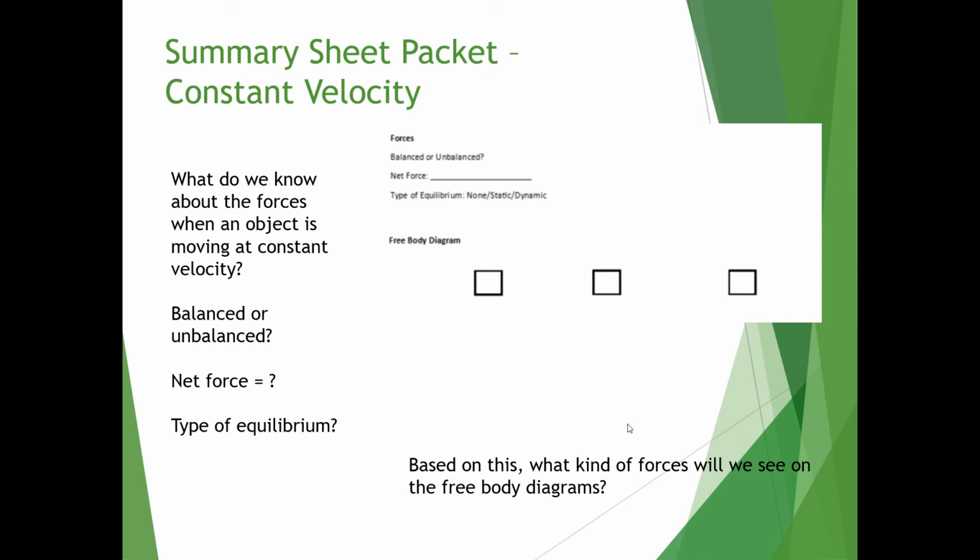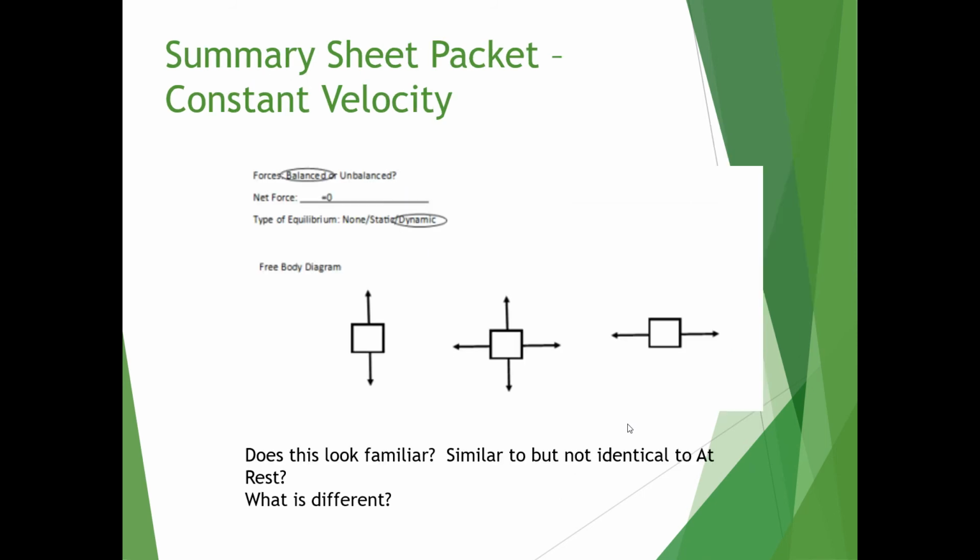So what do we already know about forces for constant velocity? And the net force, and what type of equilibrium, and what do you have to have for your free body diagrams? You should hopefully know most of this or recall most of this. So you're still going to have balanced forces. Your net force is going to be equal to 0. And this time your equilibrium is going to be dynamic instead of static. And hopefully all this looks familiar. And then your free body diagram should look very familiar to you.